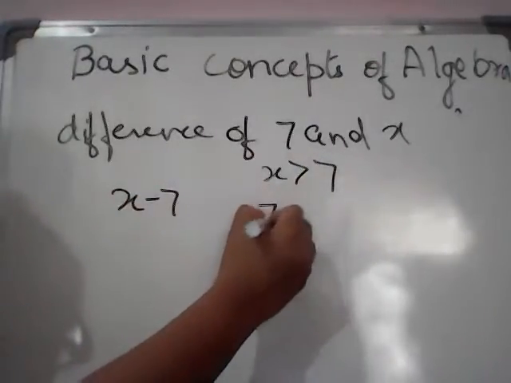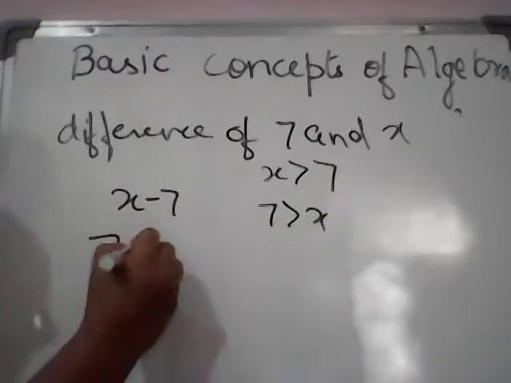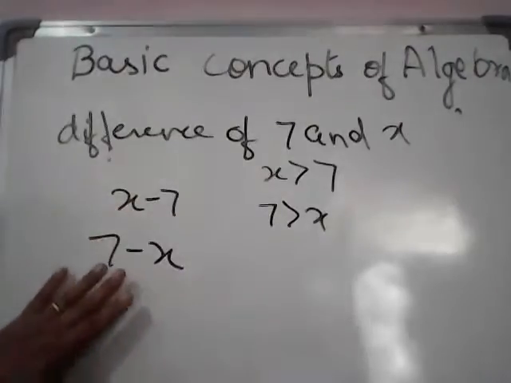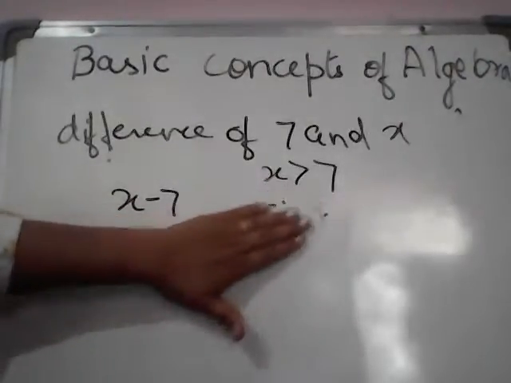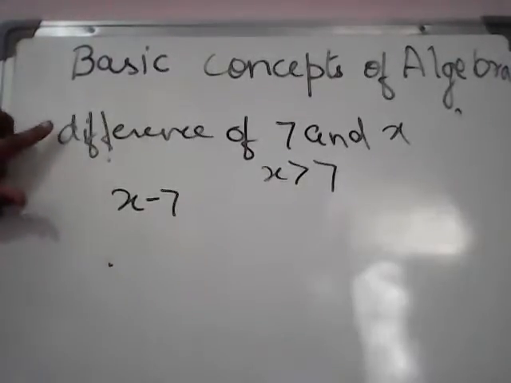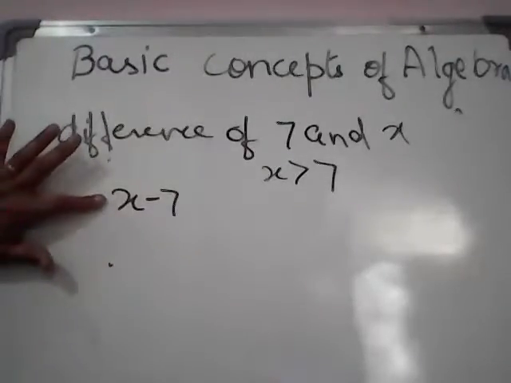And if it is given that 7 is greater than x, we'll have 7 minus x. So difference of 7 and x will be x minus 7 or 7 minus x. This is how we convert words into this expression form.